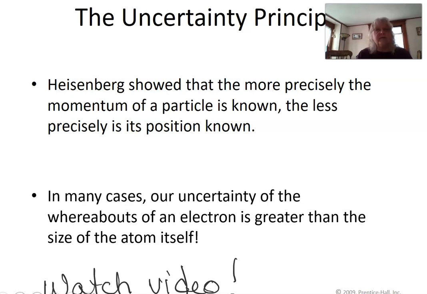So it was very difficult to determine exactly where an electron would be surrounding an atom. I need to just stop and say this: you need to read this chapter. There's a lot of information that it's difficult for me to capsulize for you. You need to go back and read it, and you should definitely watch this video that talks about the relationship between momentum and wavelength for the motion of electrons.